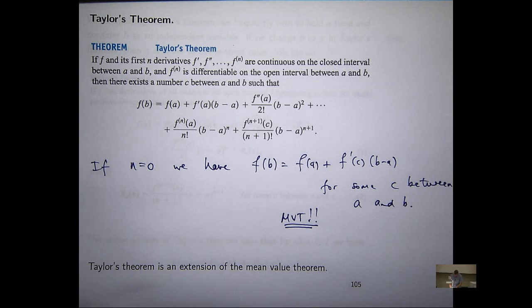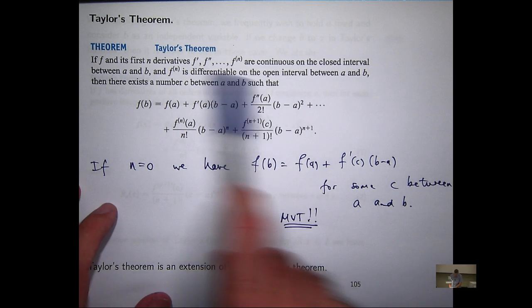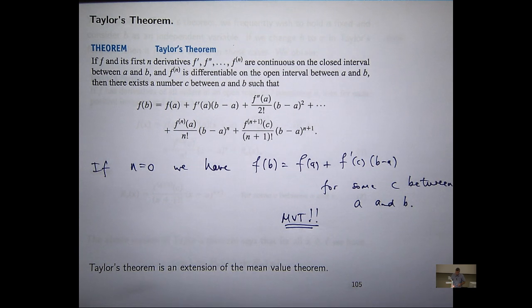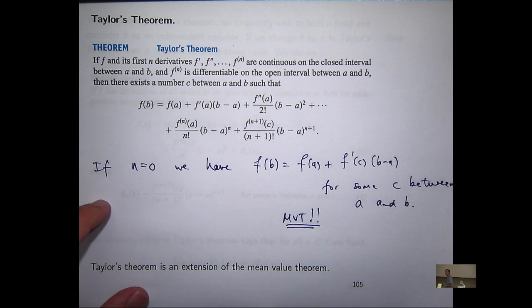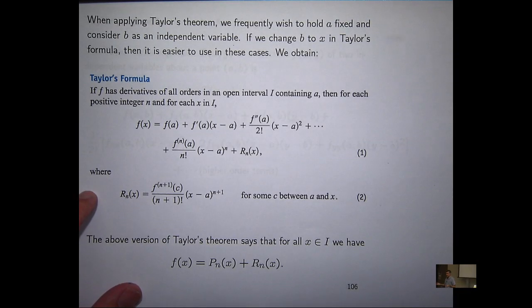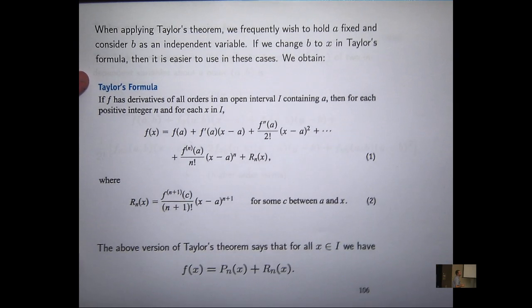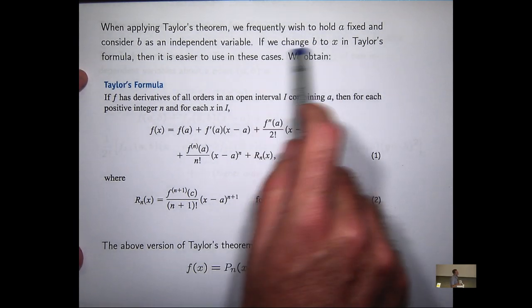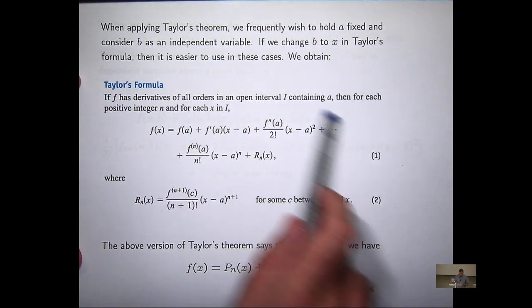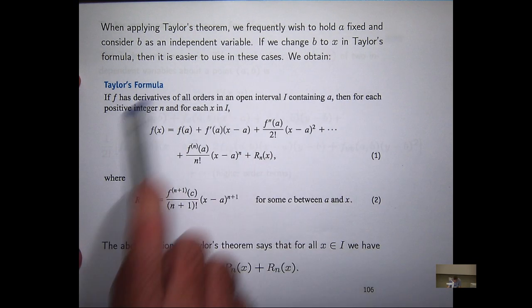Now, from a practical point of view, this theorem isn't actually that useful. What we're going to do is change b to an x and look at it in that form on the next page. That's going to be slightly more practical from our point of view. So we basically change b to x in Taylor's formula and we come up with this.